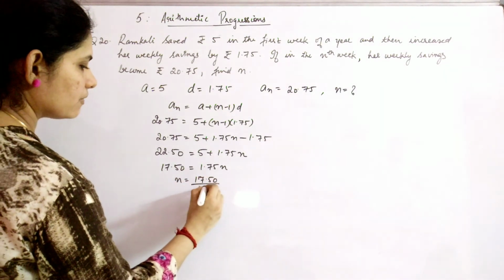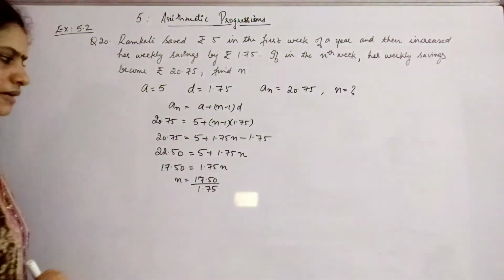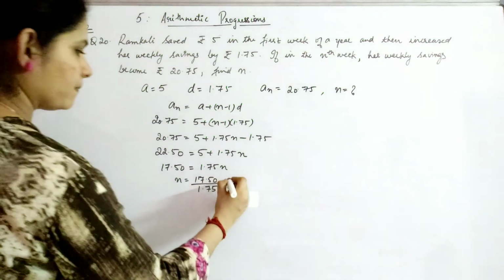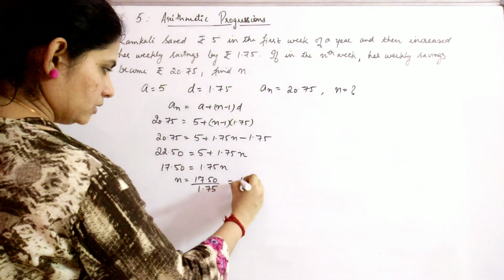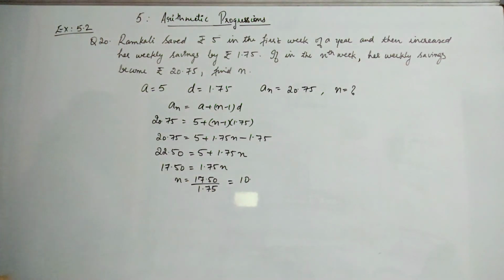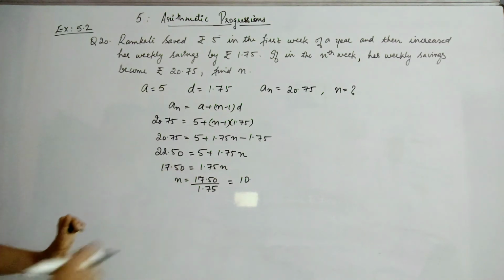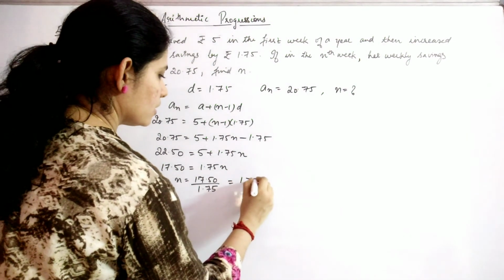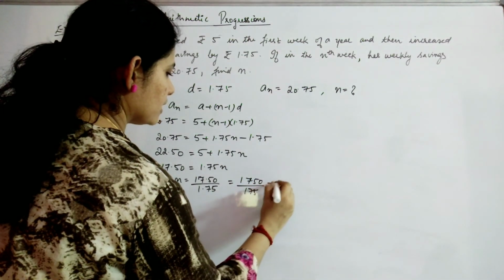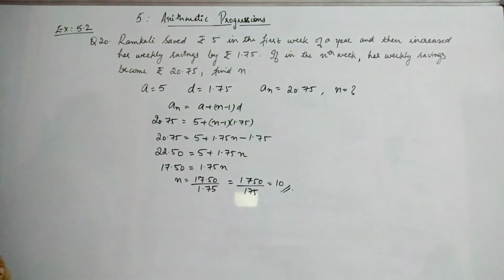17.50 divided by 1.75. So what you are getting is 10. Right? It is 1750 divided by 175, and that will give you 10. So N is equal to 10. Okay?